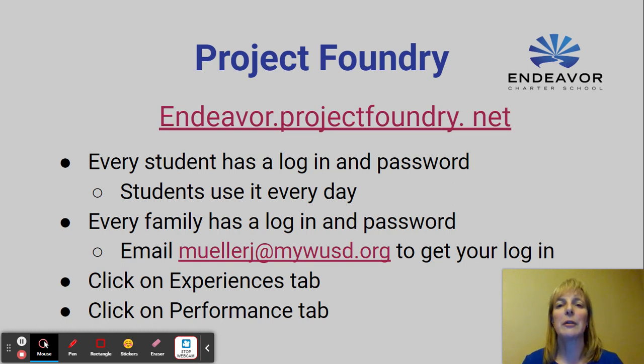Students use Project Foundry every day to log their time and to track the different projects that they are working on. Every family also has a login and password to Project Foundry, and you can email me if you do not have that email or that password or that login, and I can email it back to you.